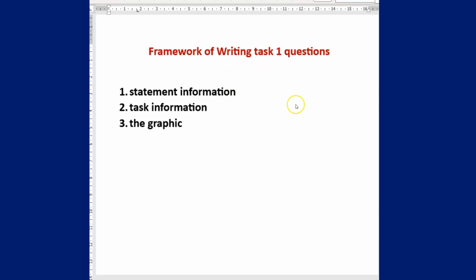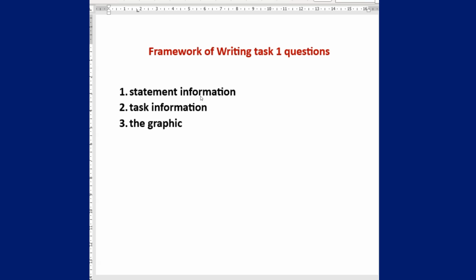So as studied from our previous lessons, we realize that all the Writing Task 1 questions have a similar format, such that they are broken down into 3 parts. Okay, so we realize that the first part of the question talks about the statement information that you are to write about. This one will be different depending on the question.